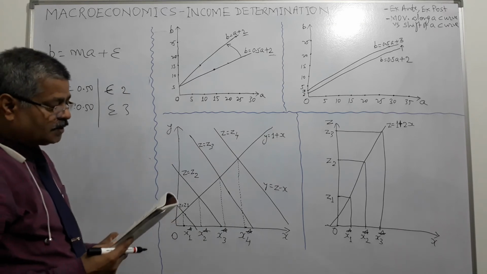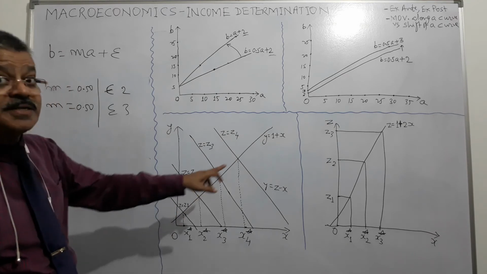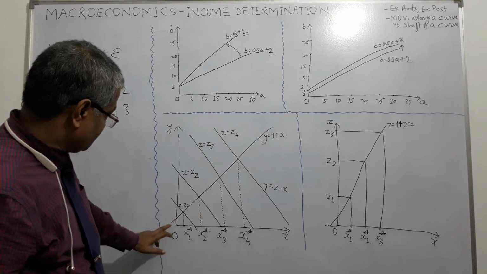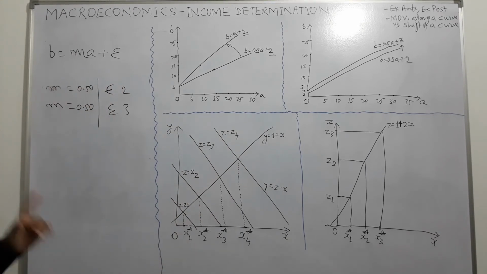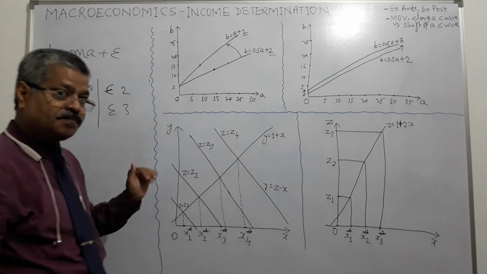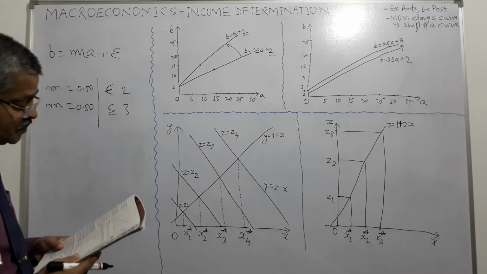So here z appears as an intercept parameter. It is not a variable. What are the two variables? x and y. And z appears as an intercept parameter.